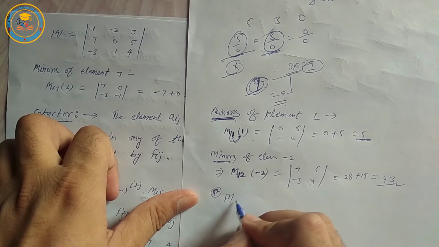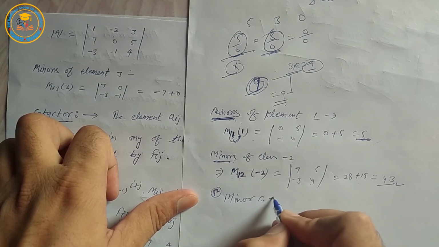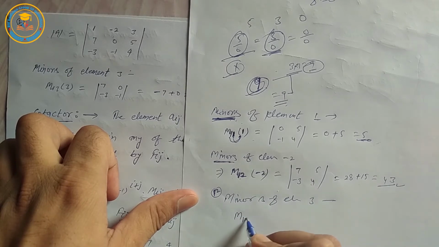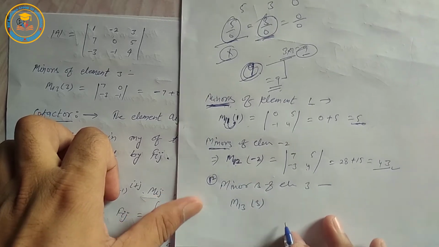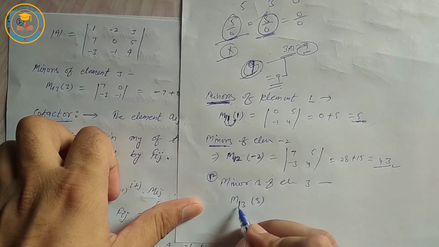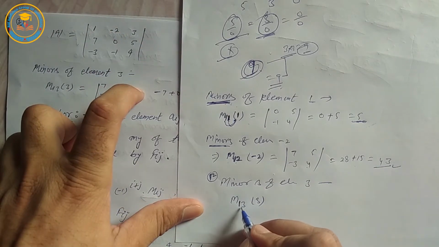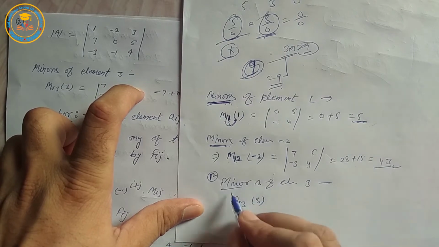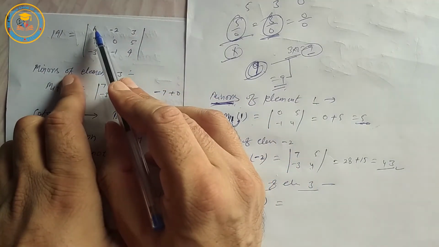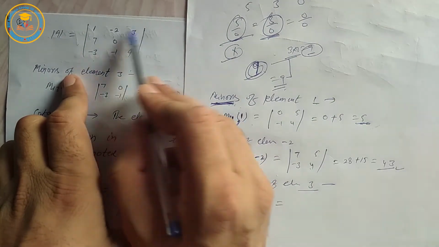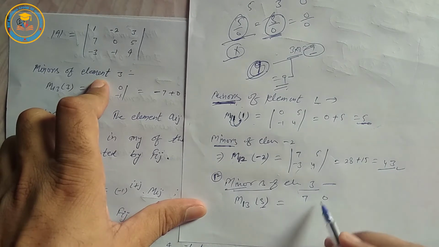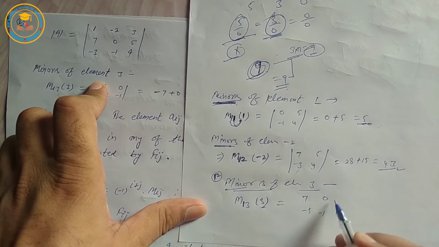Similarly, minor of element 3 means M13. Position of element 3 is 1 3, first row, third column. Minor of element 3 is equal to leaving the corresponding row and column, it means 7, 0; minus 5, minus 1.